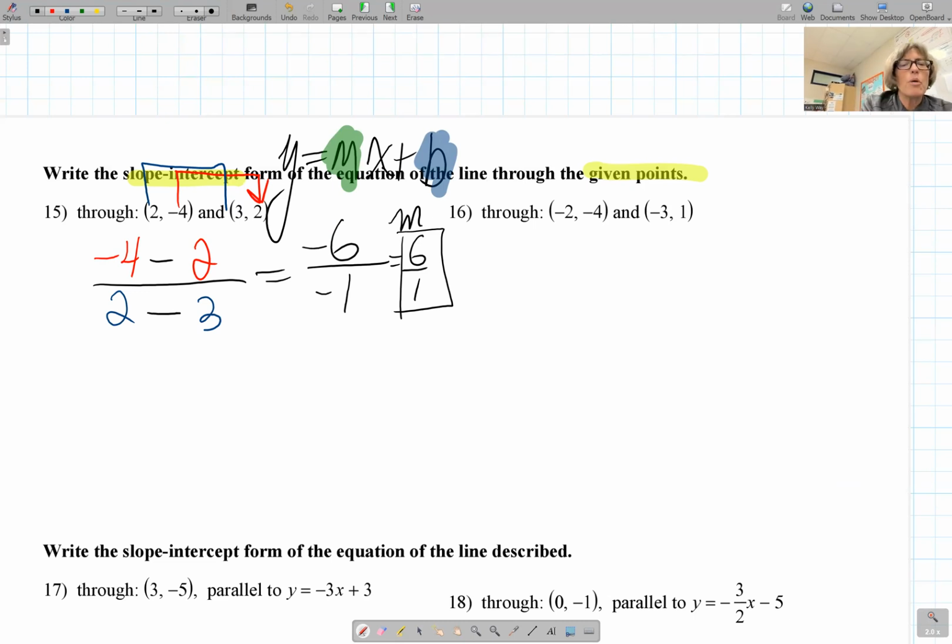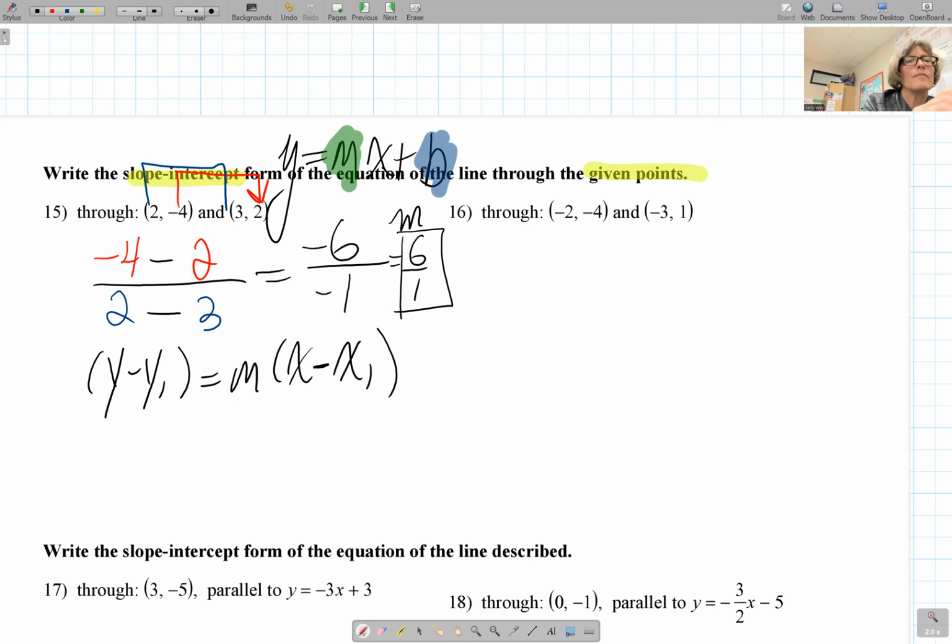Now, how do I get to y equals mx plus b? Because I have a point, I'm going to use the point slope equation of a line. Which point do I use? It doesn't matter. You can use either point.